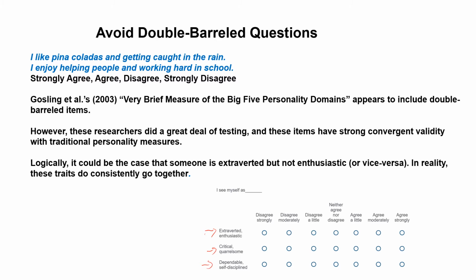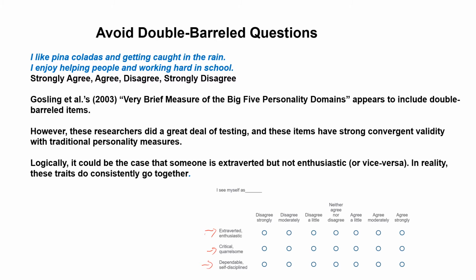They're looking for the enthusiastic extroverted people, the critical quarrelsome people, the dependable self-disciplined people. So they're looking for people where both apply. They could ask these separately, but that doubles the number of questions people have to answer, and with surveys you do not want too many questions. You want the questions to be relatively limited.